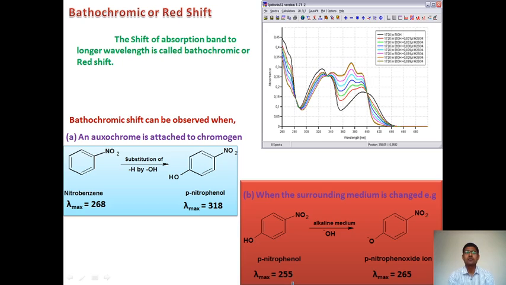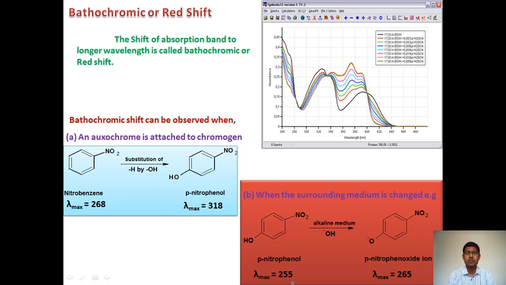Now let's see what the shifts in the lambda max, the absorption maximum, are. First shift is bathochromic or red shift. What is bathochromic shift? The shift of absorption band to longer wavelength is called bathochromic or red shift.